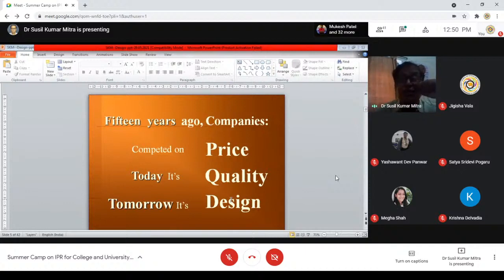Because the quality is very poor, and within 5 or 6 months that product cannot be used. But an Indian product has a long life, you can use it for 2, 3, 4, 5 years. So today we are thinking about quality, but tomorrow the market will be controlled by aesthetic beauty and design. So design is a good marketing tool for capturing the market and creating market leadership.